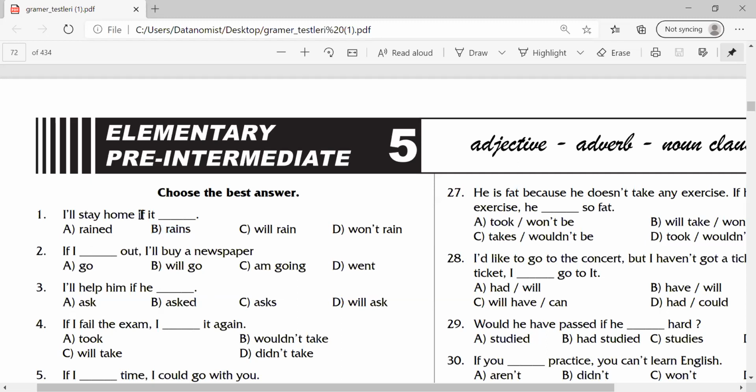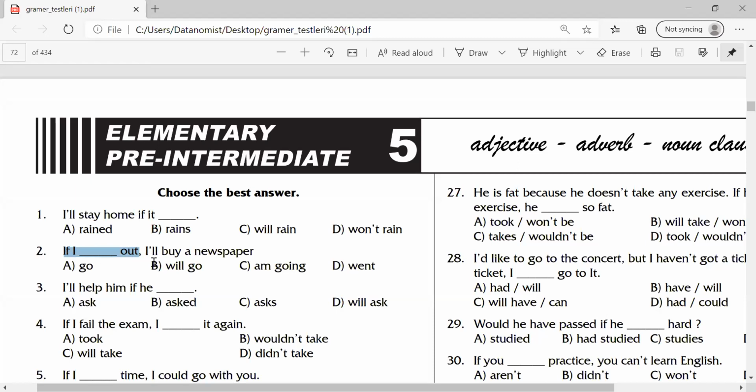Now remember, this conditional part can be on the right side of the primary sentence or the left side of the primary sentence. Whatever, I will only check verb forms. If I dash out, I will buy a newspaper. It's a complex sentence with condition.